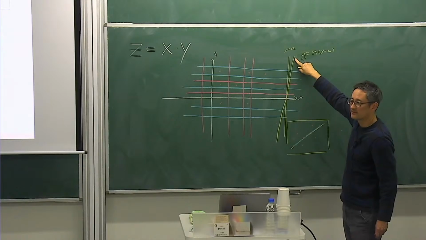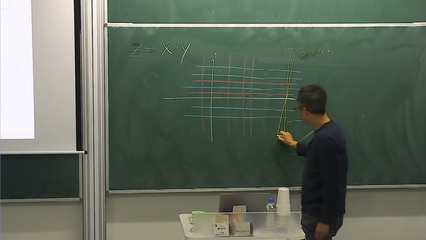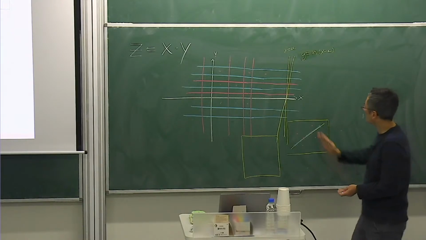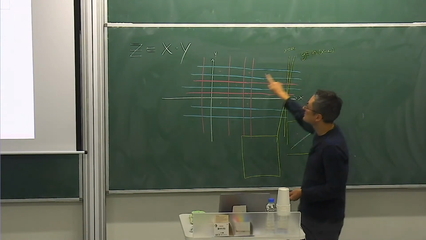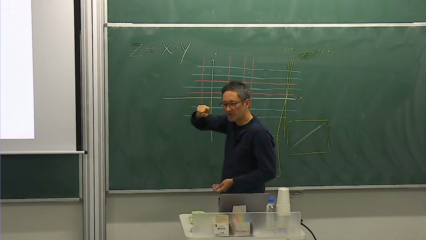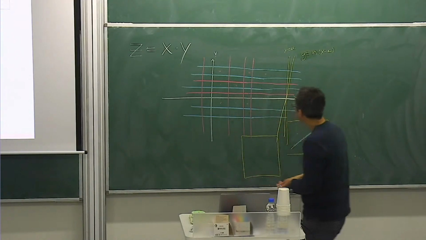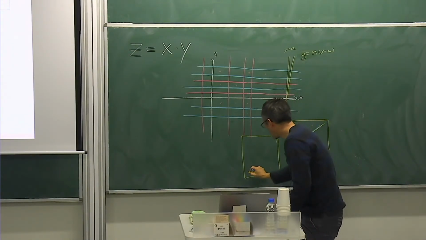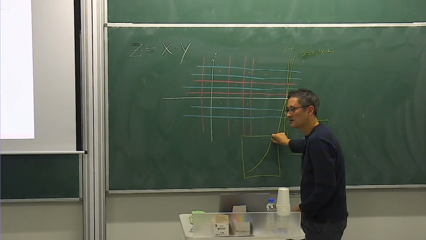That's this line here. And what does the cross section there look like? Well, if you plug this in here, you get a parabola for y. So it's a parabola like this.